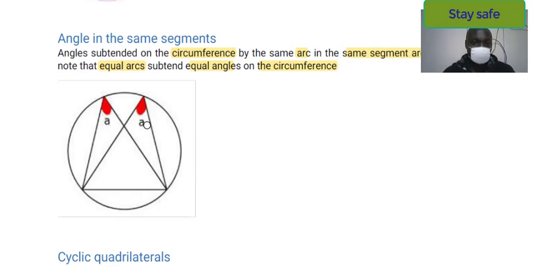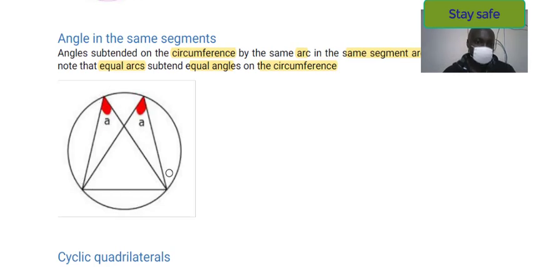Those angles are equal by the fact that they are subtended at the circumference by the same arc, and in the same segment. Or you can just say they are subtended at the circumference by the same chord. This is the chord, and these are the angles.